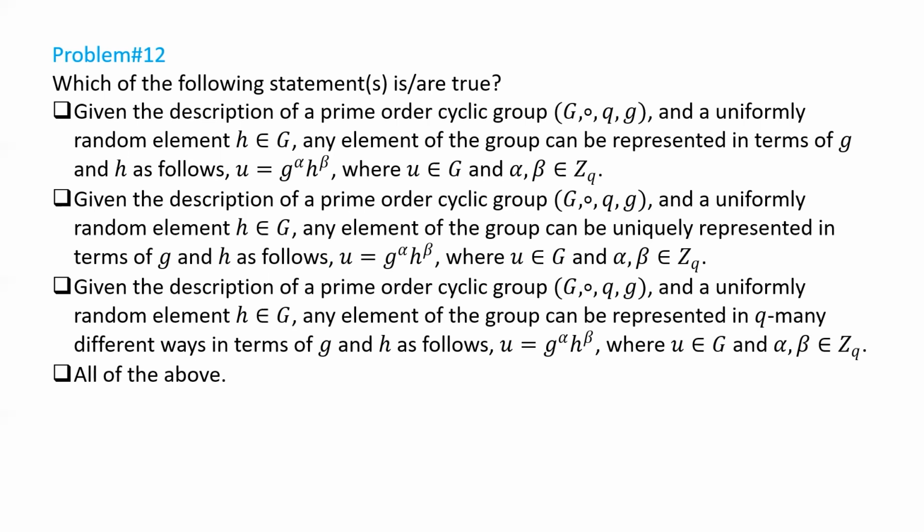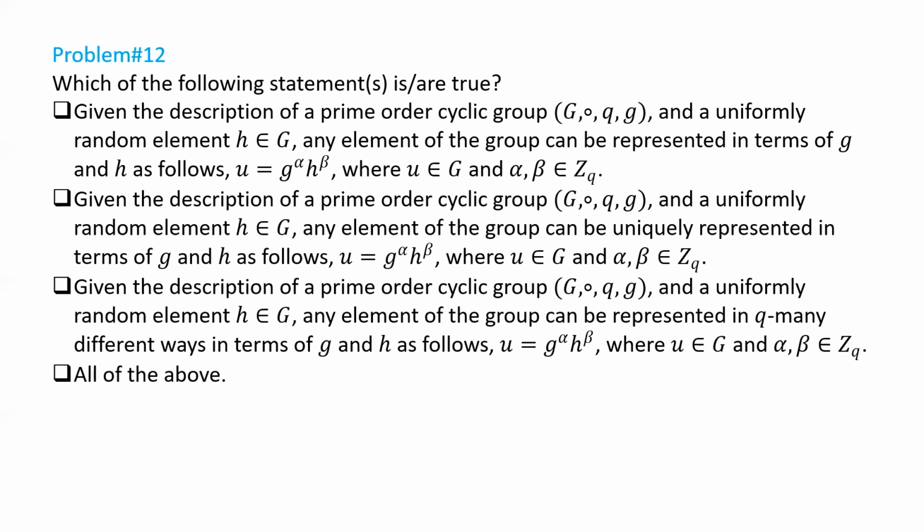Now, as alpha and beta are chosen from ZQ, there are Q possible values for alpha, and for each such possible value of alpha, you will have a distinct value of beta such that this form of representation, U equal to G to the power alpha, H to the power beta, is satisfied.